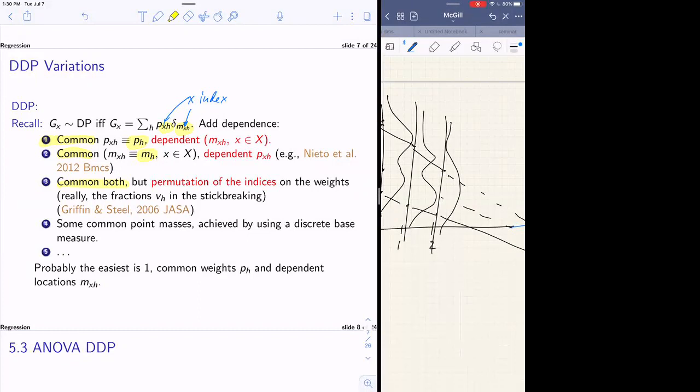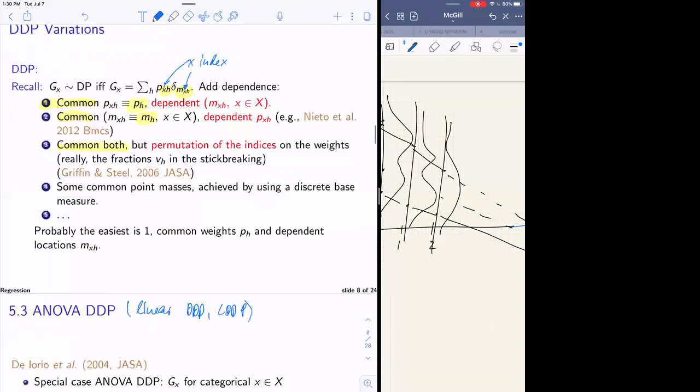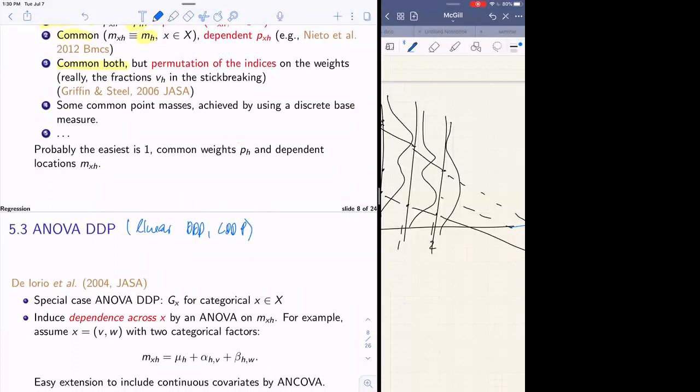And I want to talk in a little bit more detail through a special implementation of the DDP, known as the ANOVA DDP, also the linear DDP, LDDP. At which moment we will now become specific. So what's going to happen now, we are going to have a specific model for the atoms as a function of x. A very specific assumption on how these locations change over time.